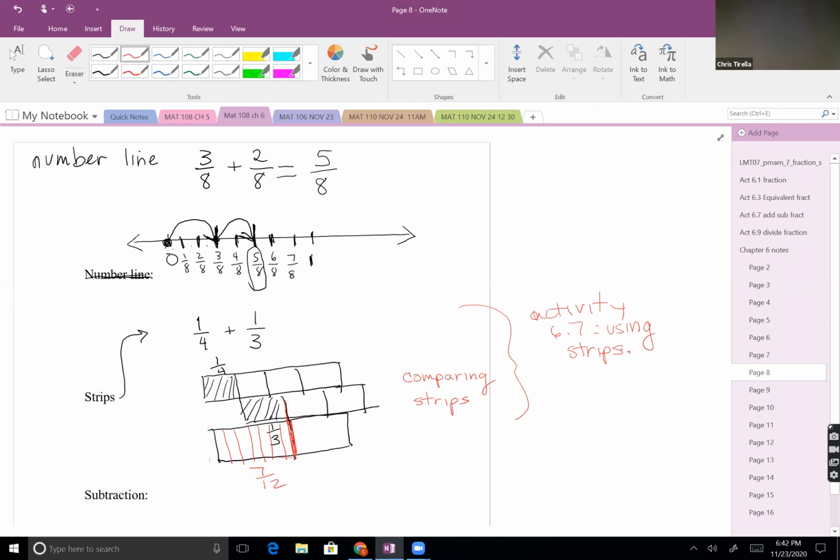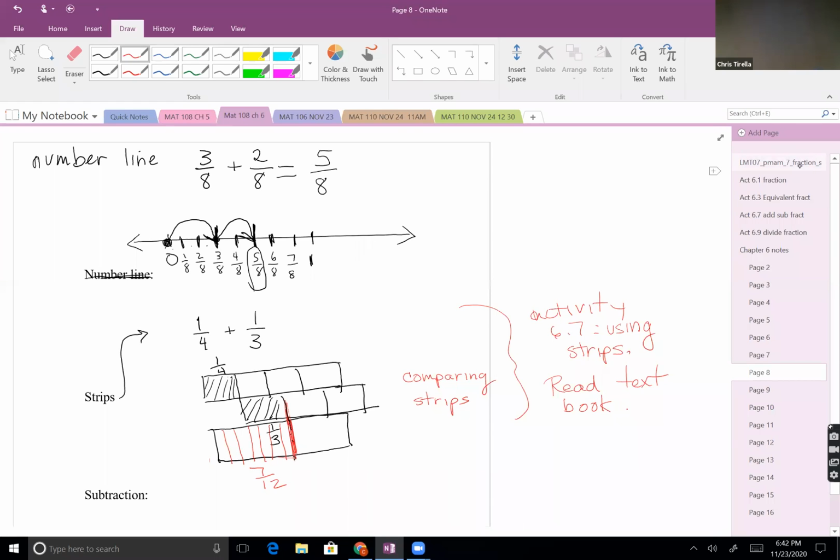Also, I think if you read the textbook, their diagrams are ever so much better than my drawings. So, but can everybody see lining up those strips until we get one where it meets at that edge?